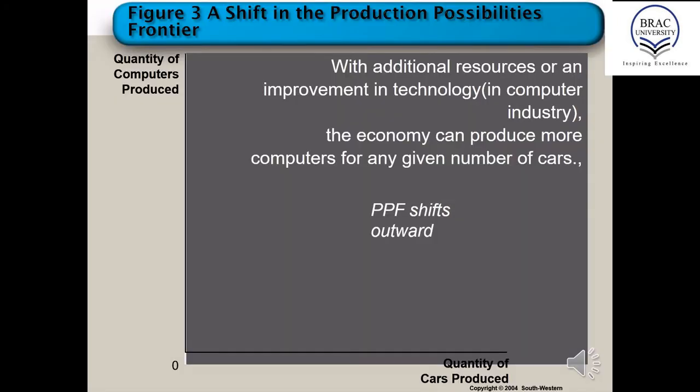The graph here depicts the scenario that I just discussed. As you can see, with additional resources or with an improvement in technology in the computer industry, it might be the case that the labor is now well trained to produce more computers efficiently. So in that case, using the same number of labor, we would be producing more computers.